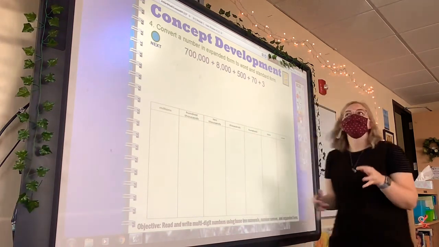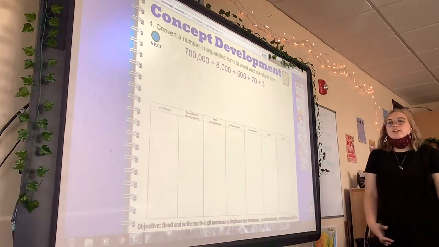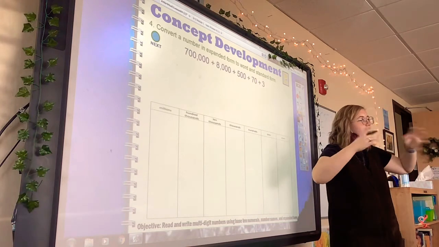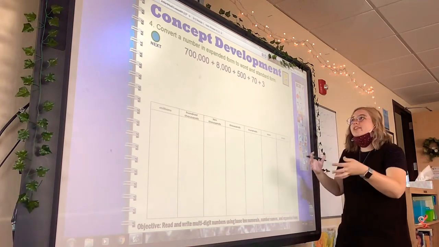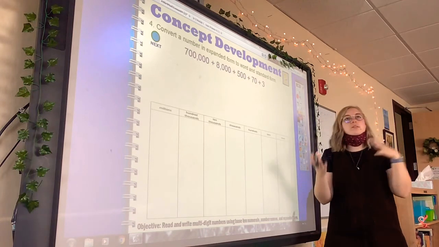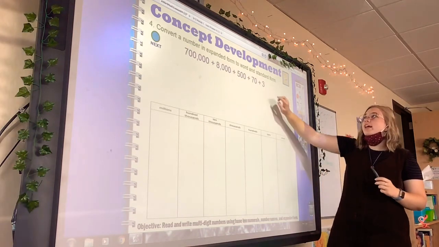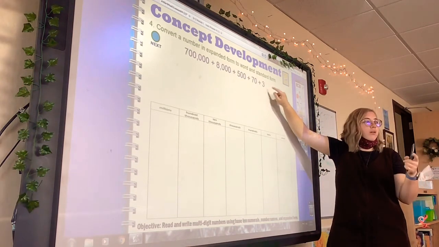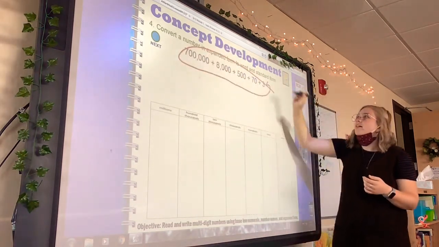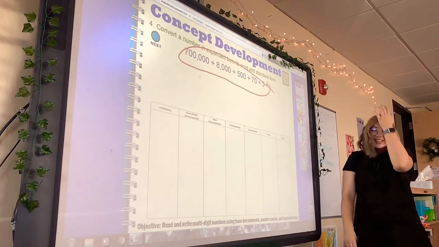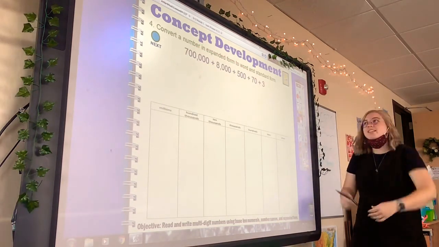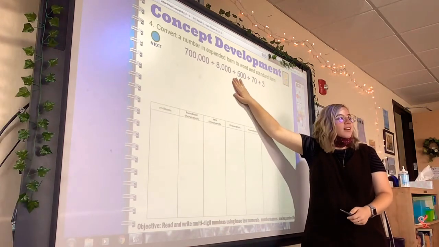All right, here we go. Last thing I'm going to say. On your homework, you're going to be converting. Converting just means to change. So you're going to change from standard form to expanded form to word form. So here, what form is this number in?